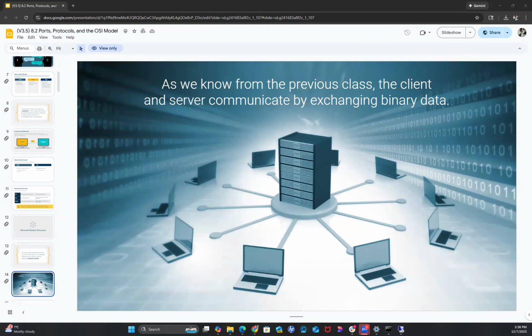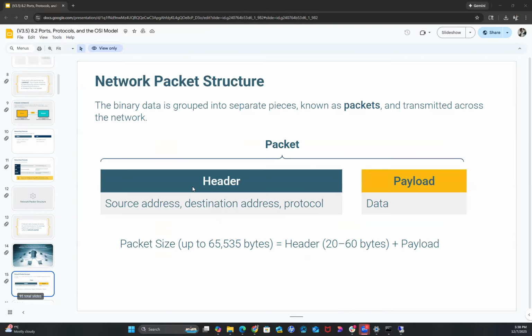As we know from the previous class and today's class, the client and server communicate by exchanging binary data. They don't know any language. They don't know ABCD. They only know binary data. So all binary data is transmitted using this protocol.